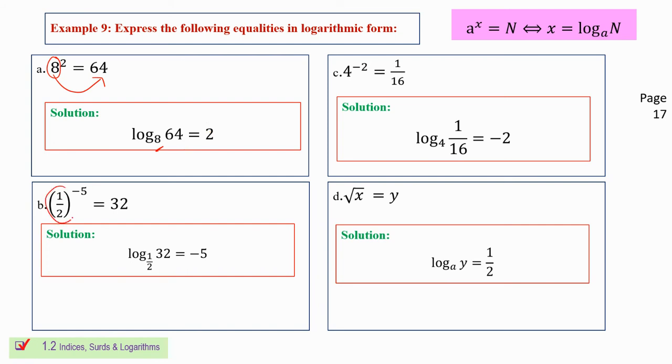This is your base half, to the number 32 equals negative 5. And then this one, base 4 to the number 1 over 16 is negative 2. And this one, please change back to the index x to the power of 1 over 2. So base x, to the power, to the number y equals 1 over 2.